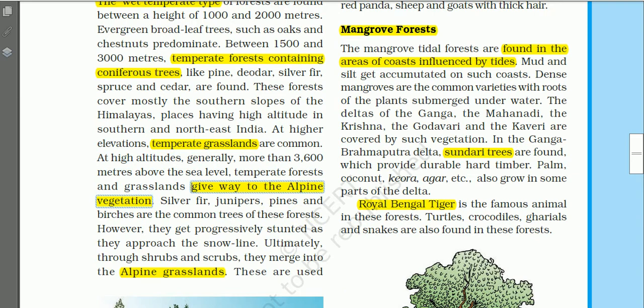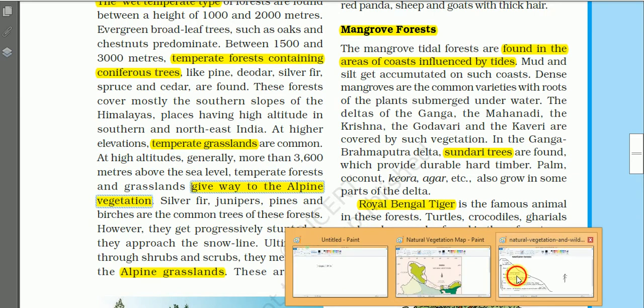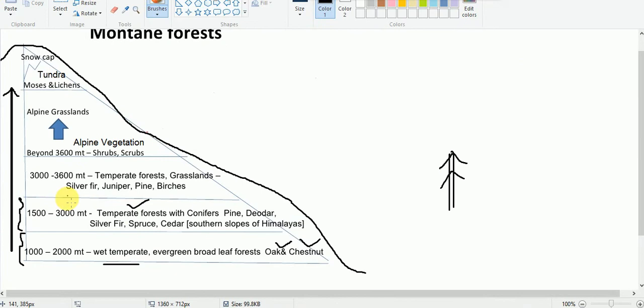Okay, see here. Between 3,000 and 3,600 meters above the sea level, we still find some temperate forest mixed with grassland, temperate grassland. Temperate grasses are soft and suitable for grazing animals also.